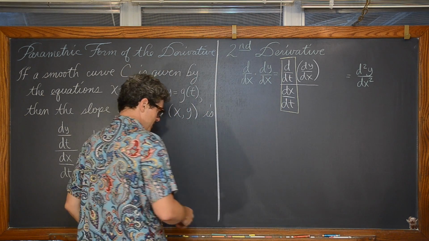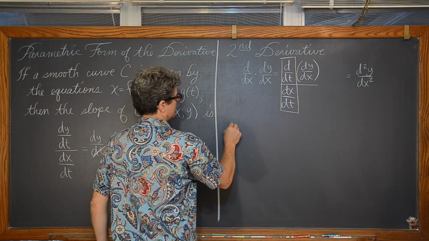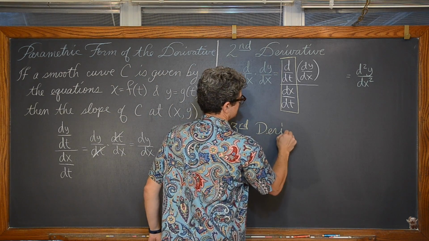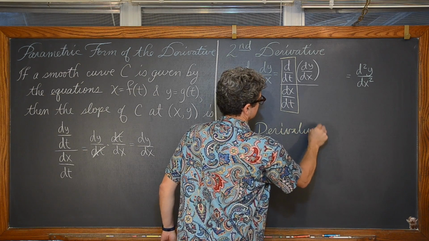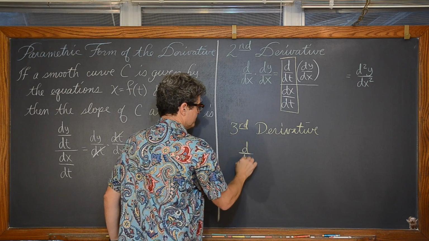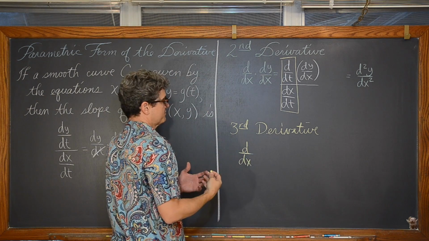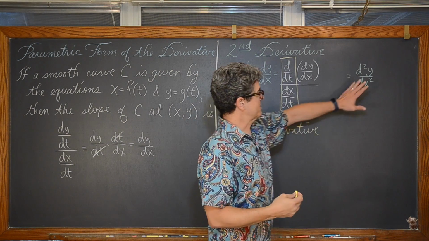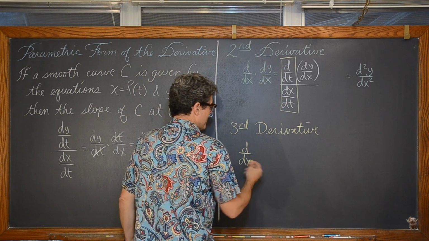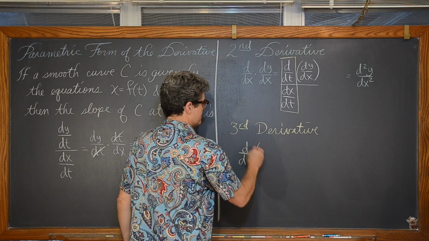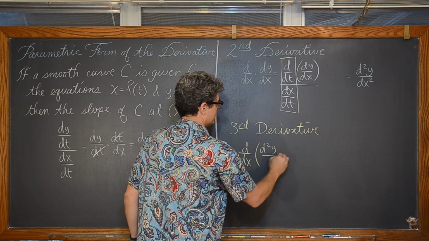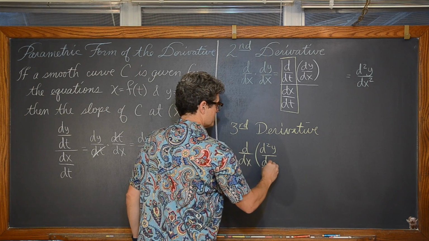Now, if you want to find the third derivative, well, then you're going to take the derivative, which appears to be with respect to x, because we don't have any variables of t in our derivative notation, but that is going to be taking the derivative of the second derivative, which is going to give us a third derivative.